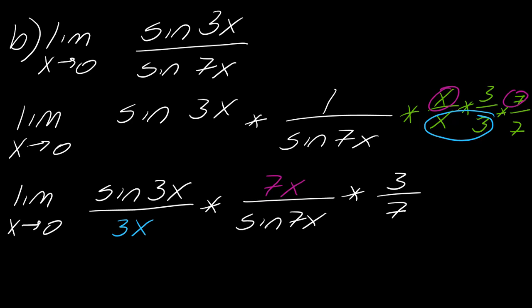So this is incorrect, but let's go back to the theoretical case where someone had this x over x. I've seen people saying that this whole thing goes to 1, which is not true. If you had these extra x's, you would want to make sure that you cancel them out.